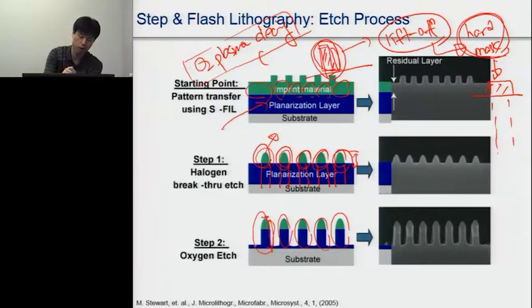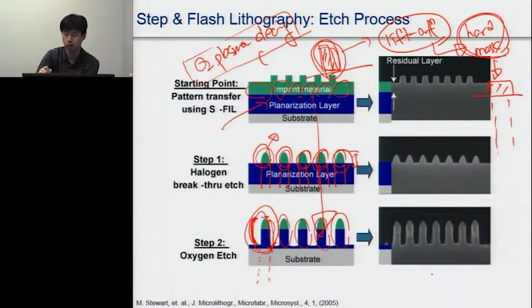Since we have a little more thickness on the resist side, we can etch a little further into the substrate. So this is one of the ways we can achieve this high aspect ratio of nano patterns. This is based on this cartoon showing all these ideas.